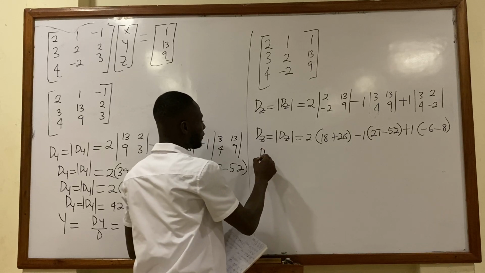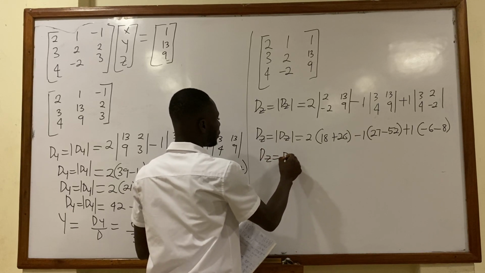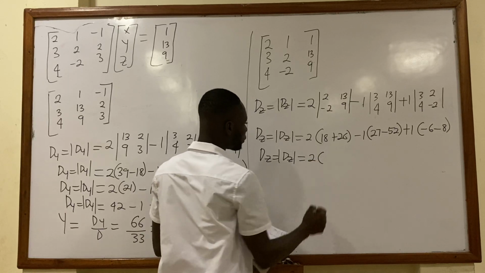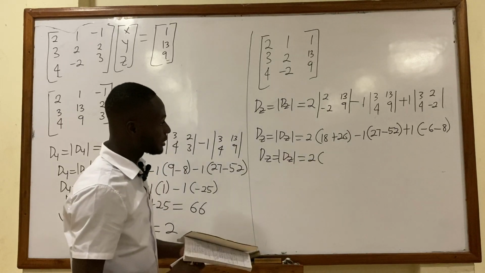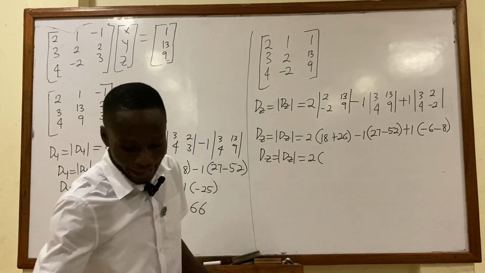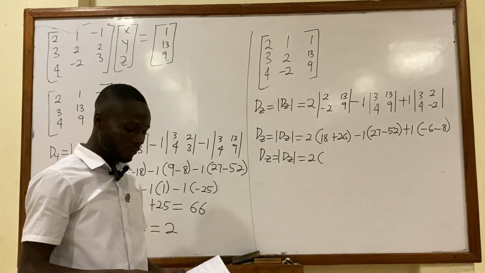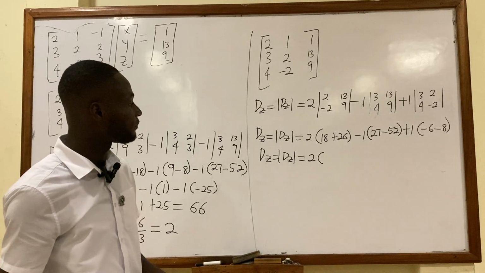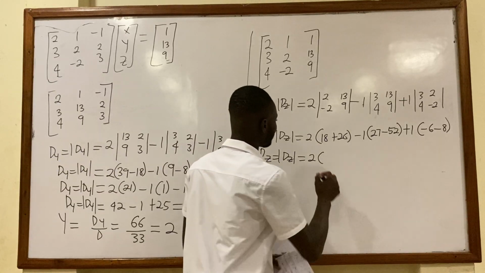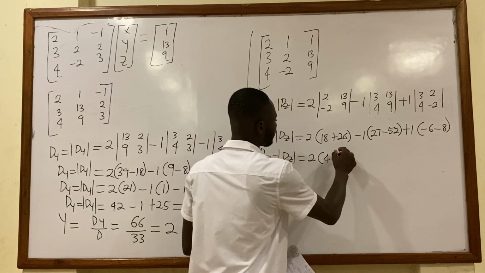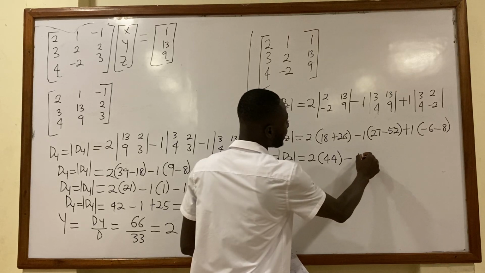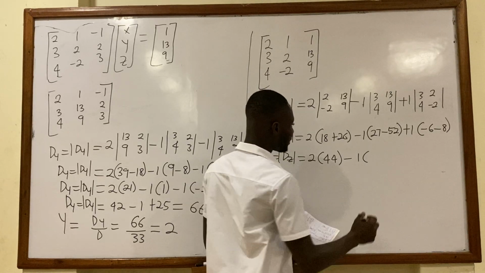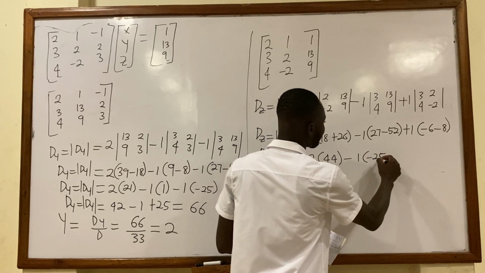plus 1 into minus 6 minus 8, right? So dz is equal to 2 into 18 plus 26, which is equal to 44, 44 by 2, 88, minus 1 into 27 minus 52, which is minus 25, right?